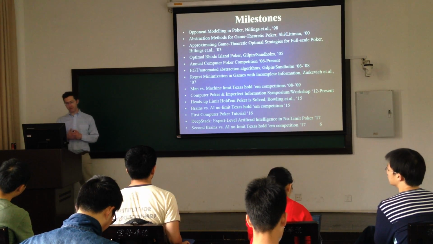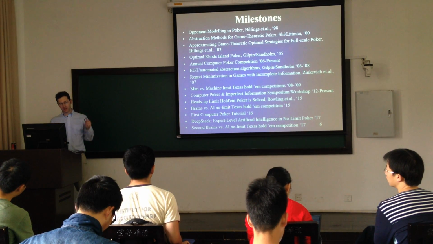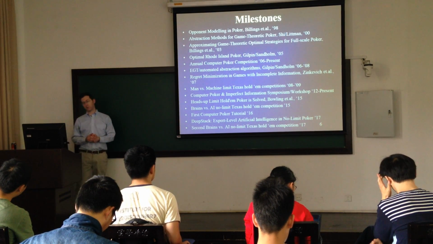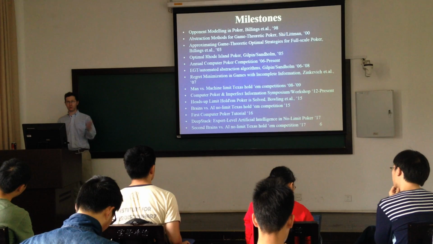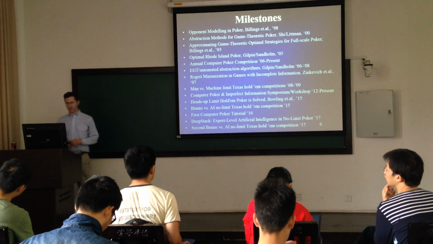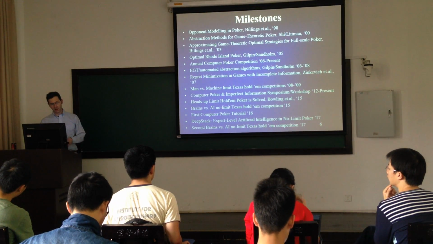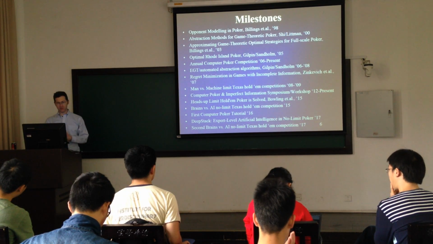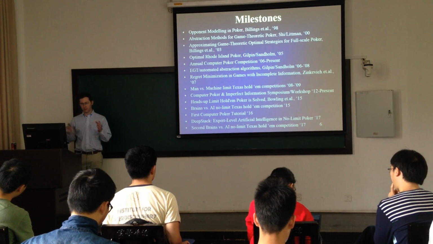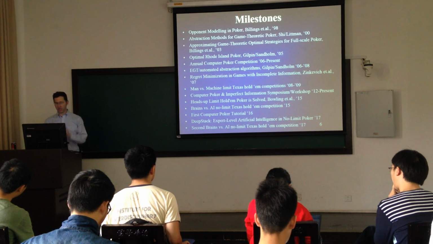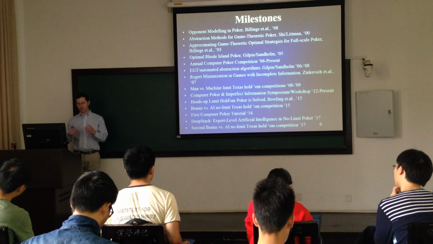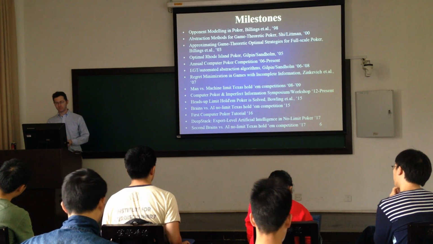I'm not going to get into too much detail in those particular topics, but I can refer you to part 2 and part 3 of the tutorial I gave from AAAI. I'm going to be focusing on all the different main components that go into poker agents, talking about a few theoretical and empirical results on them, but I'm not going to be able to talk about everything that's involved in all of these aspects of the area.